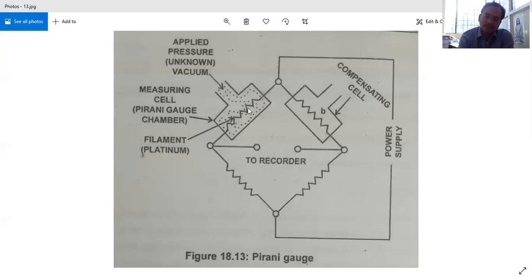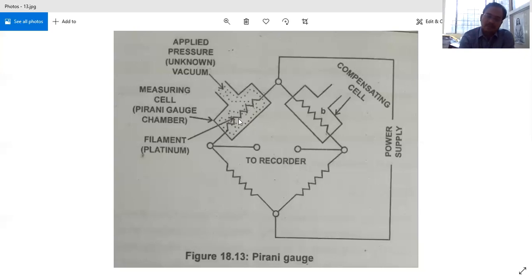When the rate of cooling is less, the resistance of this particular material in the Pirani chamber will increase, and that can be calibrated.